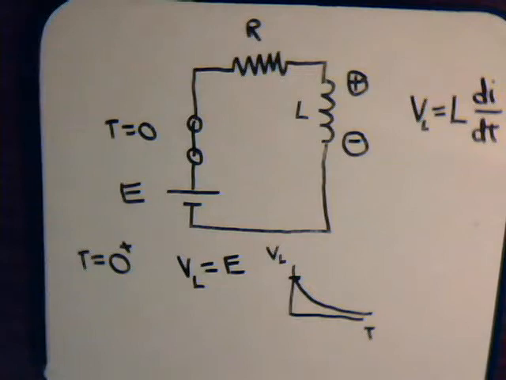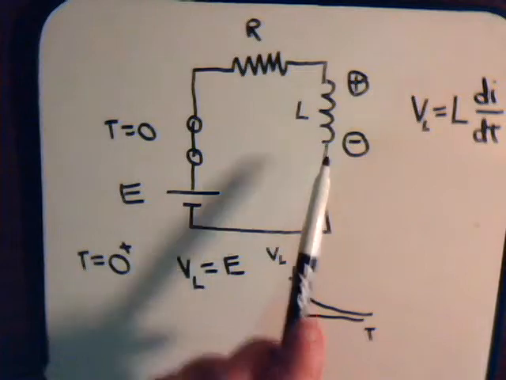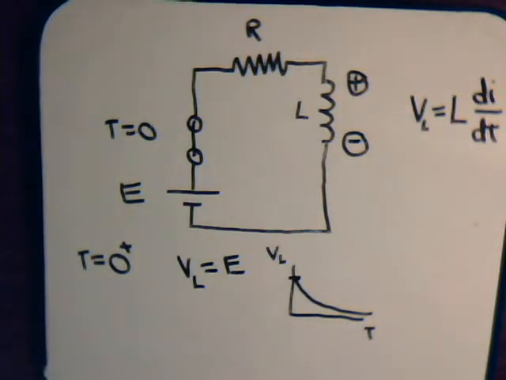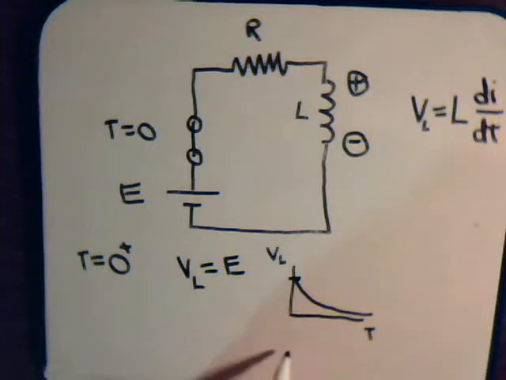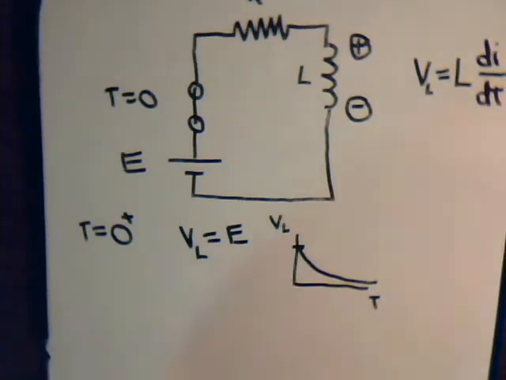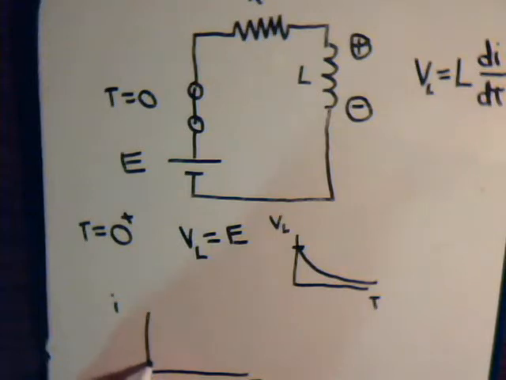The reason why it decays is this. The trickle of current gets larger and larger, so there's more and more current going through the coil, but the rate of change of the current becomes smaller and smaller. We're going to show this explicitly in a few moments. The current through the coil looks something like this. Its slope gets flatter and flatter until it's just a horizontal line.